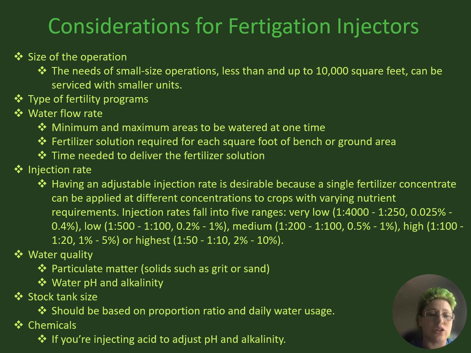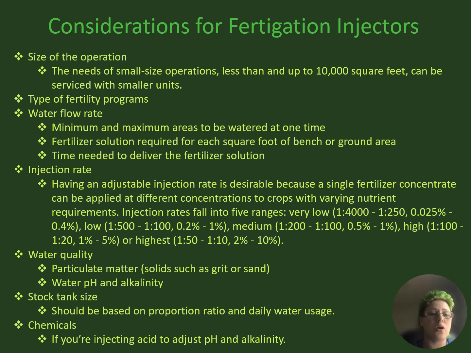Having an adjustable injection rate is desirable because a single fertilizer concentrate can be applied at different concentrations to crops with varying nutrient requirements. Injection rates fall into 5 ranges: very low, low, medium, high, or highest.